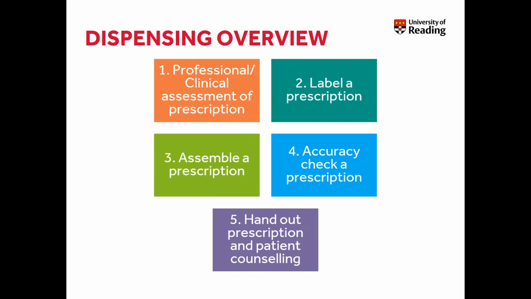But here you'll be doing both the accuracy and the professional clinical check. And then you will hand to the patient, making sure they have been given any counselling they might require, and so they understand how to use the medicine in a safe way.